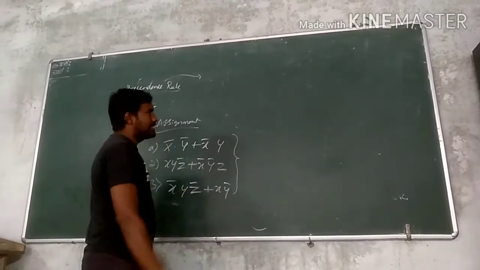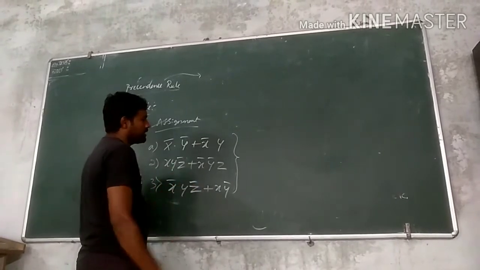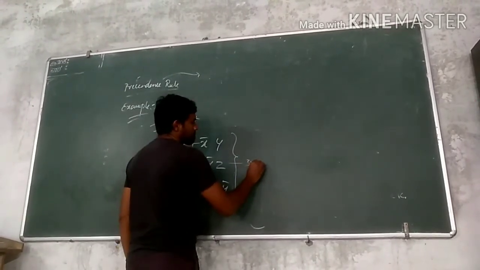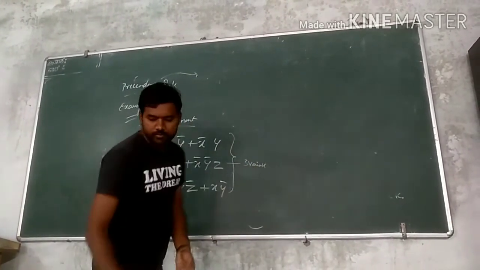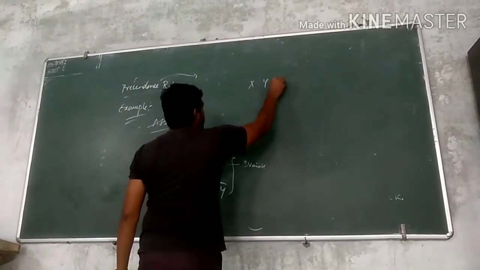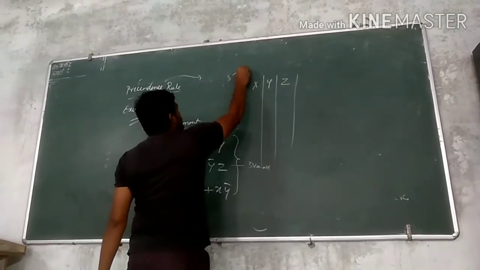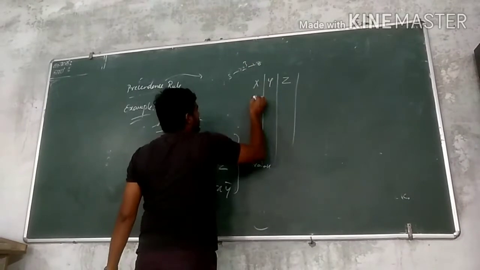How can we write the variables in the table? x y z, how many variables do we have here? Three variables, so take it as x y z. Three variables means 2 to the power of 3, which is 8.